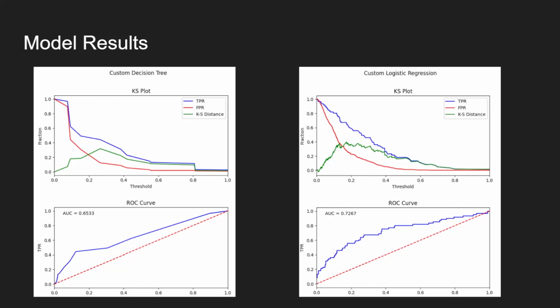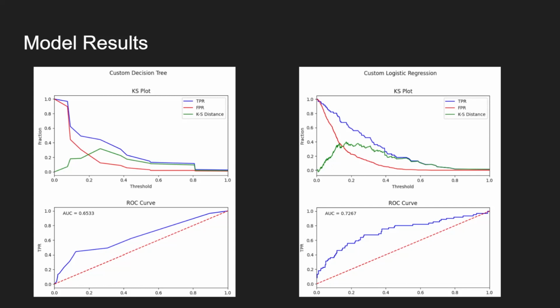So similarly, here are the KS and ROC curves for those two models. Now you can see that upon further inspection, they're not performing quite as well as the pre-made models. Our assumption for why that's the case is that the pre-made models had far more hyperparameters for us to tune.